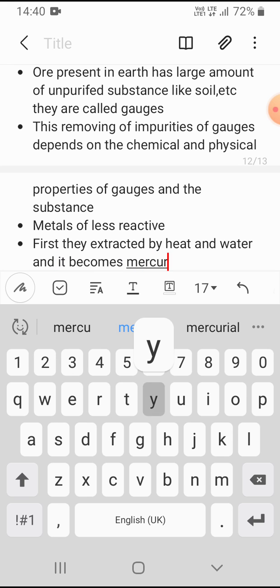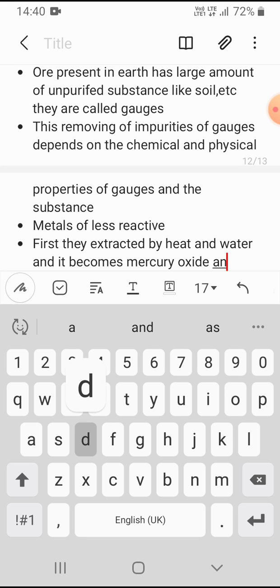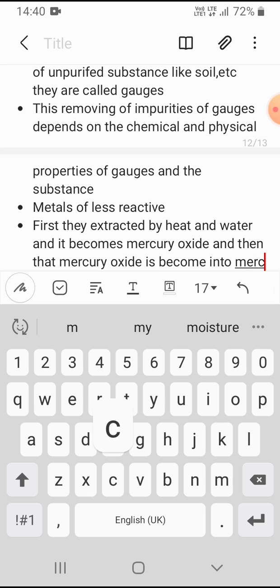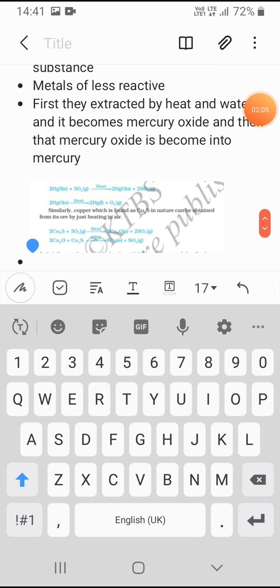Then that mercury oxide is converted into mercury, and we get mercury. Like this they extract the metal by heat, water, and oxygen.